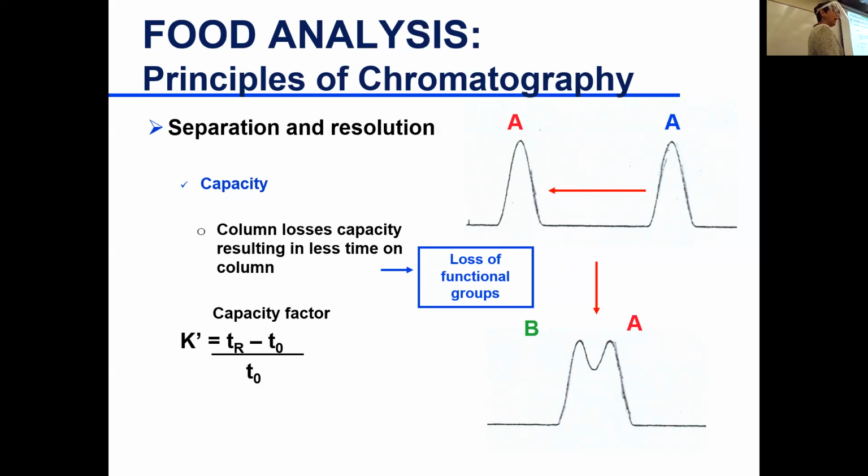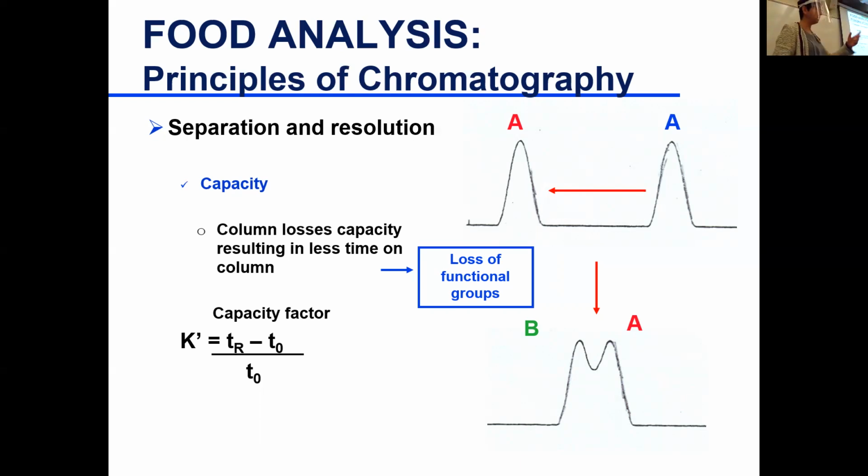You can prevent that by using guard columns. In the HPLC, there is a guard column that you would use. We'll talk about it in the HPLC lecture, and those of you that took the HPLC lab already heard about it. In the GC lab, you cut the column. So you have your capillary column, and the top of the column that has impurities, you cut it off, so you prevent impurities from going down your column.